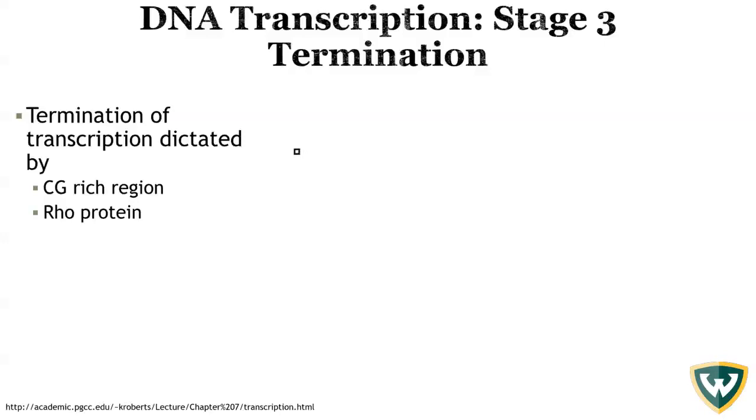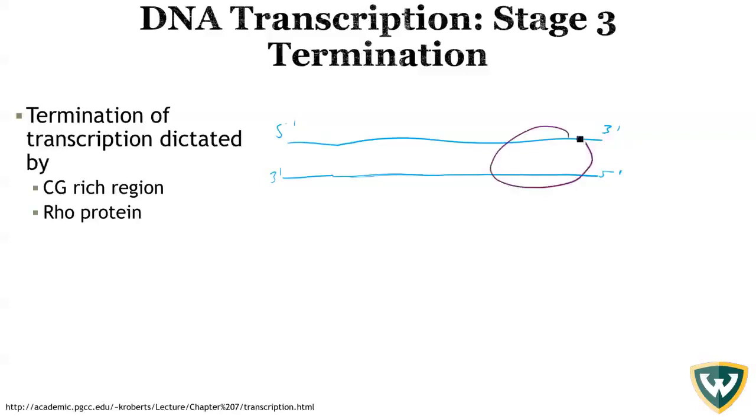So how does the termination of transcription of DNA into RNA actually occur? Again, we have our double-stranded DNA here. This time I'm going to show you two different versions that tell the RNA polymerase that you've done your job, it's time to get off of the DNA.